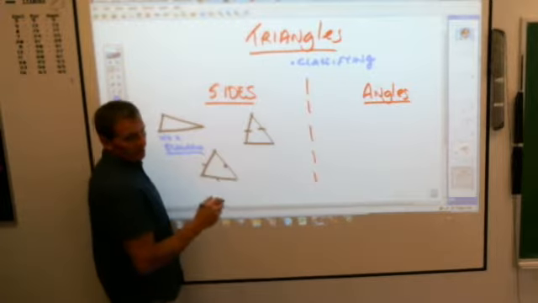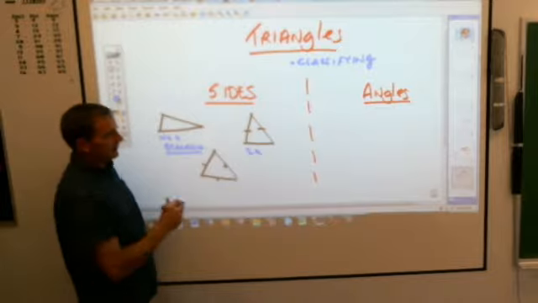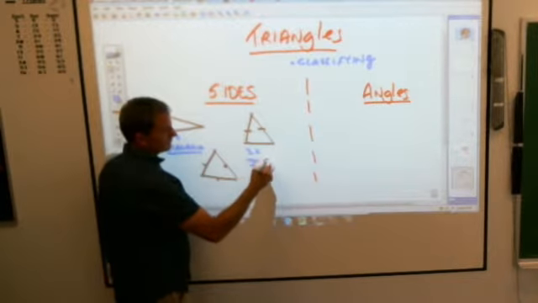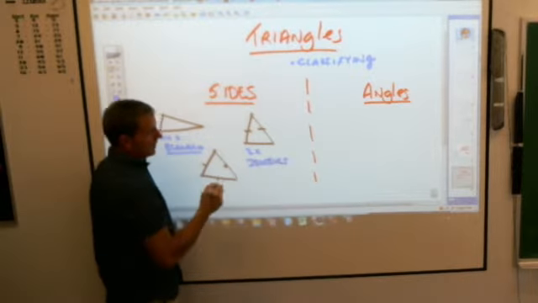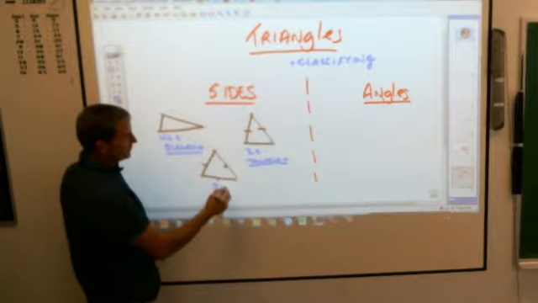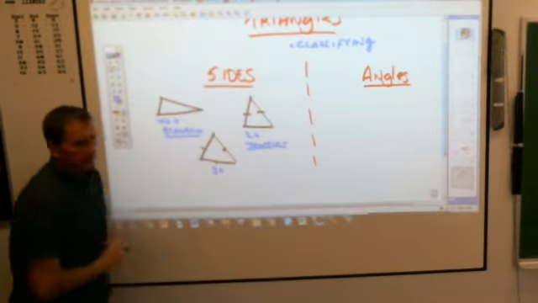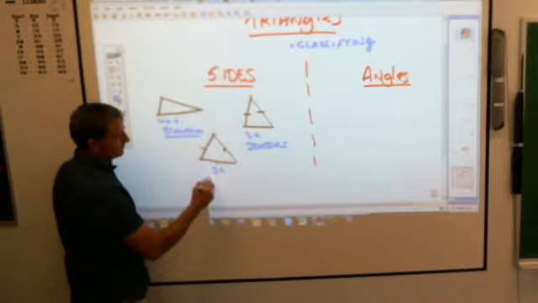That's why we have notes, I guess. Two equal sides, which is what? Sam? Isosceles. Isosceles. And if all three sides are equal, then it is called equilateral.